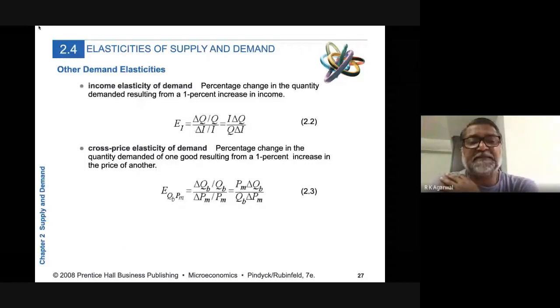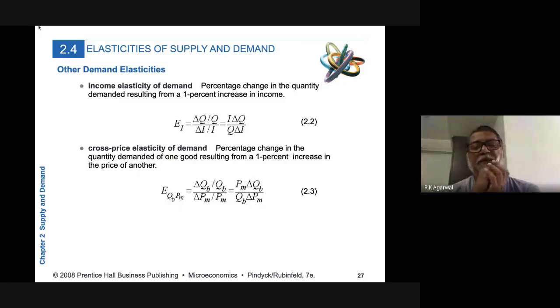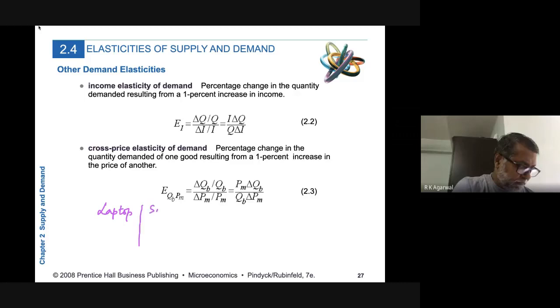cross price elasticity. But this cross price elasticity was in the context of substitute products like coffee and tea. What if there are two complementary products like computers and softwares, hardwares and softwares? What do you expect the cross price elasticity to be? So let us say we are talking about demand for laptop, and this is software.